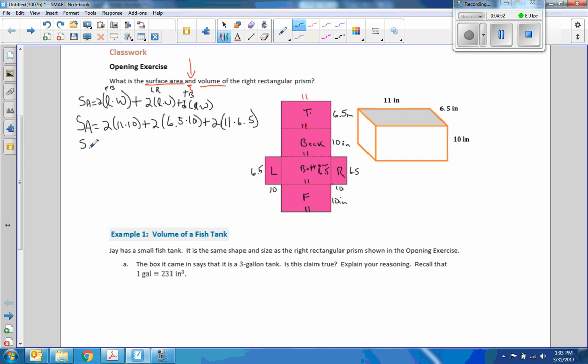Okay, so the surface area is going to equal 2 times 110, plus 2 times 65, plus 2 times 71.5. 6.5 times 11 is 65 plus 6.5, which is 71.5.